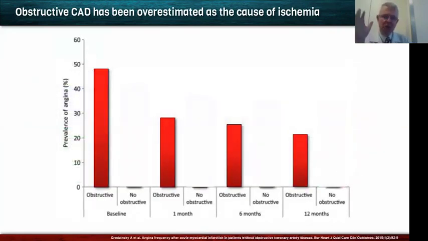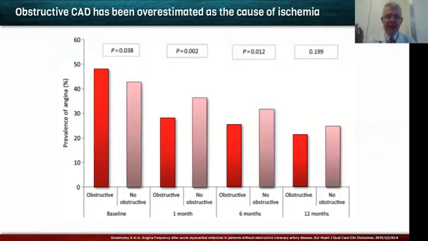And this concept can be even more illustrated by this study, in which we look at the percentage of patients complaining of angina after myocardial infarction, if the patient had obstructive or non-obstructive CAD. Here you see in the red bars, at the baseline and in the first year of follow-up, the percentage of patients complaining of angina having obstructive CAD.